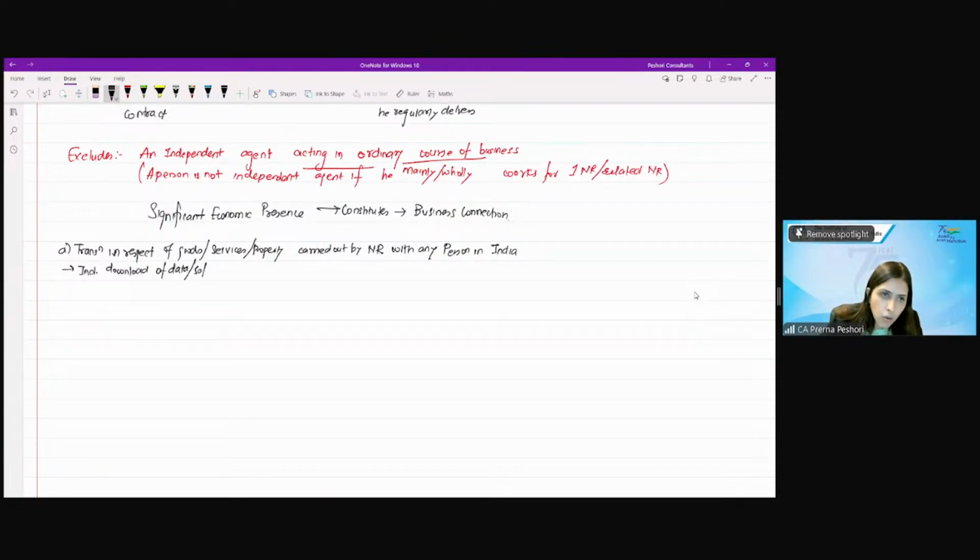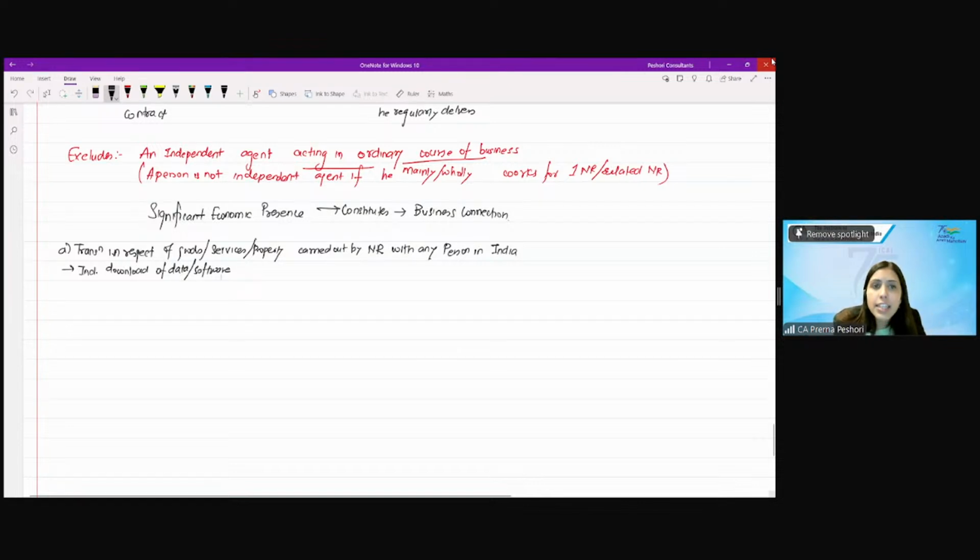Even if your software developed or data shared by you is downloaded in India, that will constitute business connection or significant economic presence in India.